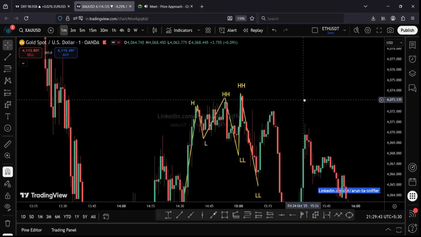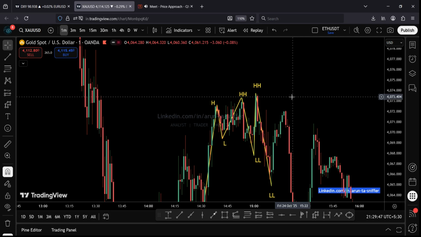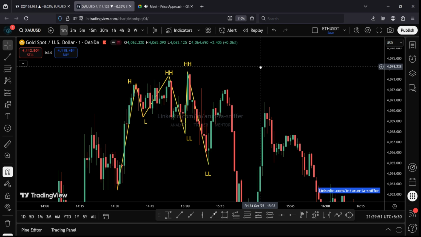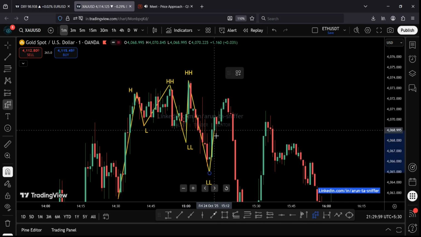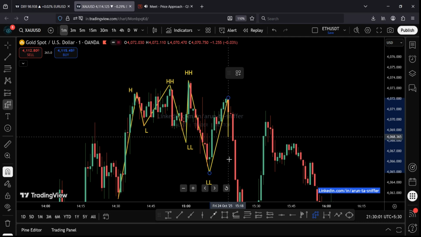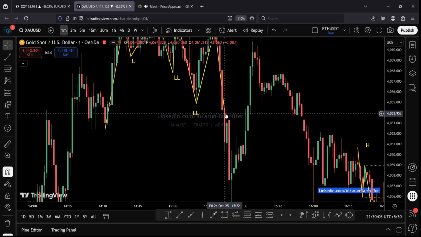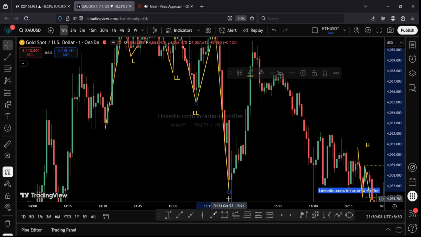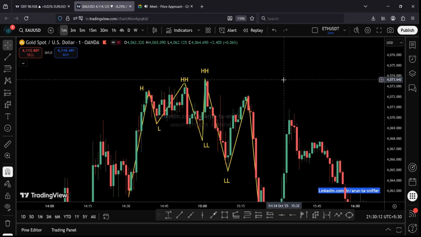Okay, and then price goes up again from here and falls again like this. Okay, so this is our diamond.